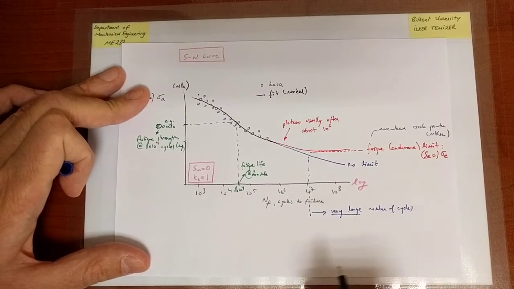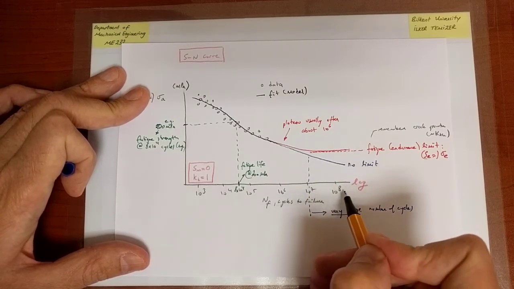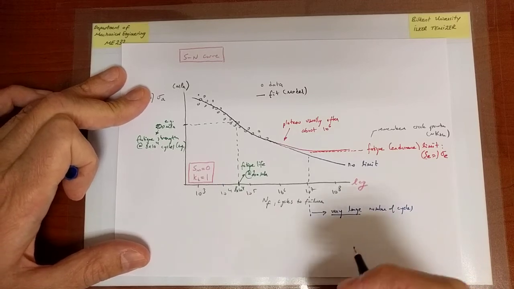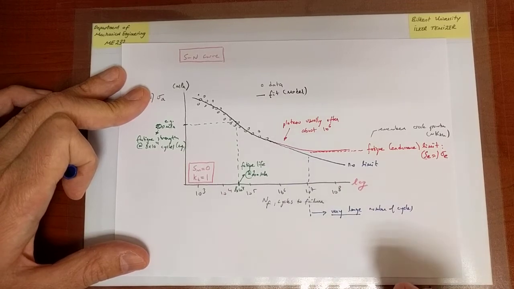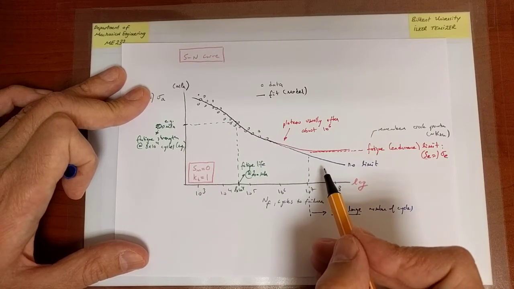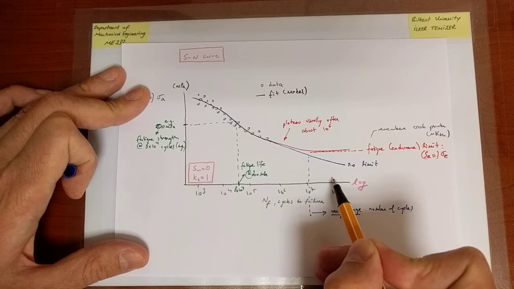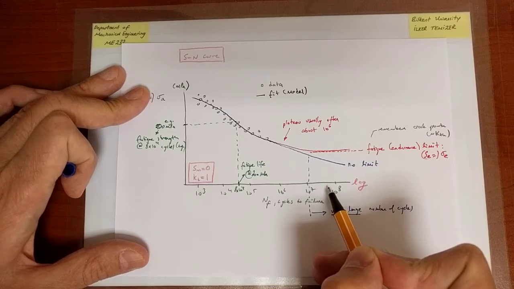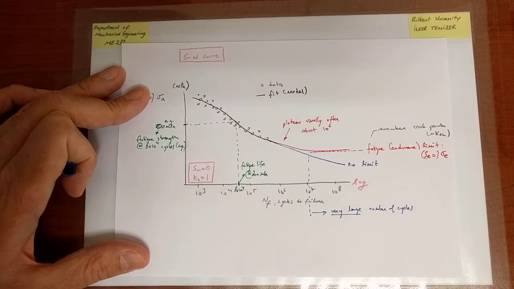So in some applications, if you design so as to ensure that you can reach 10 million or 100 million cycles or beyond, then that's as if you have practically an endurance limit, because fatigue does not become a concern then. So if you can ensure that your stresses are low enough to deliver such high fatigue lives, then it's practically a fatigue or endurance limit, because fatigue would not be a concern.